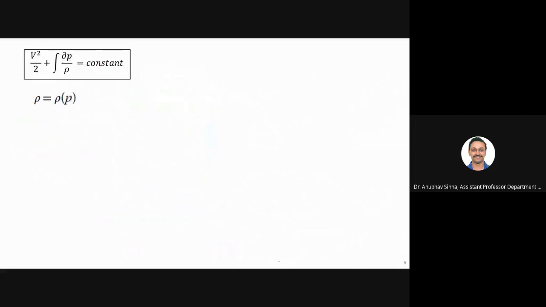Can I say that rho has to be a function of pressure? Either rho is constant or it is a function of pressure. Then only I can integrate this, or use this in this form. So any fluid that follows this property, that rho is a function of pressure, is called a barotropic fluid.